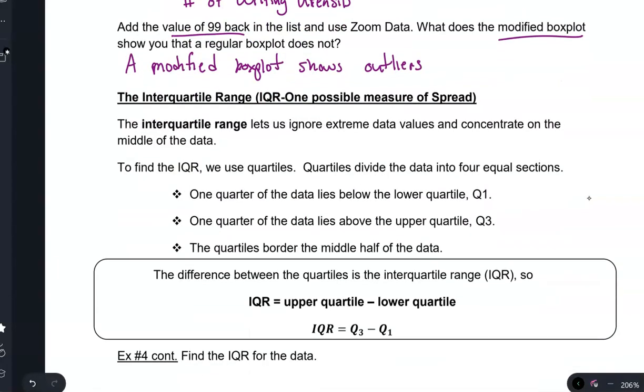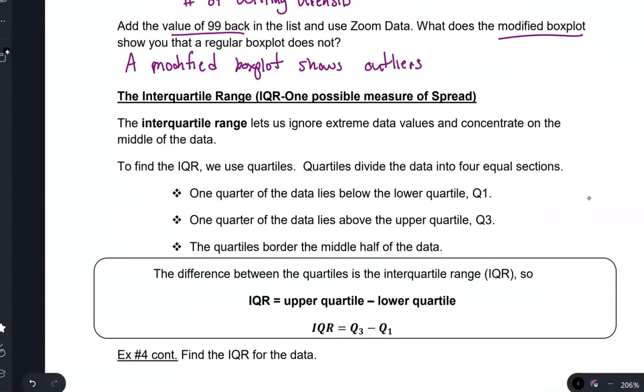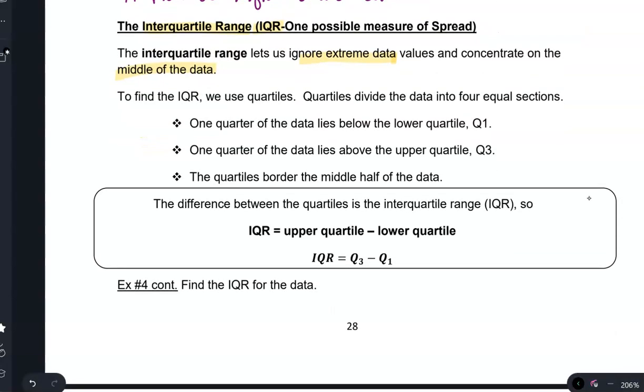Now our box plot and our 5-number summary also give us another measure of spread called the interquartile range, IQR for short. One of the nice things about the IQR is it ignores extreme data values and concentrates on the middle of the data. The equation for our IQR is upper quartile minus lower quartile, or Q3 minus Q1.